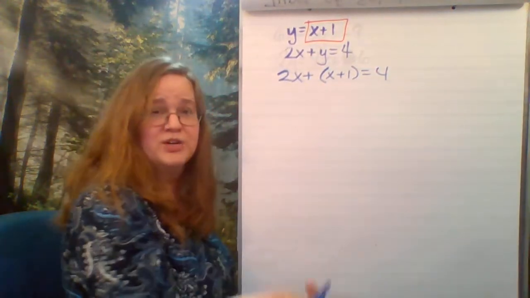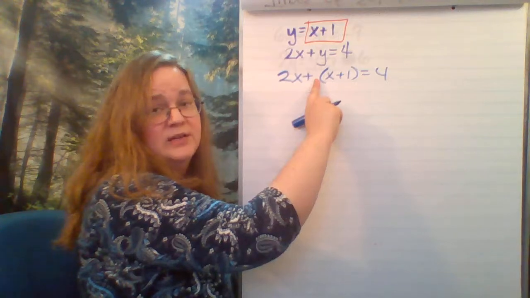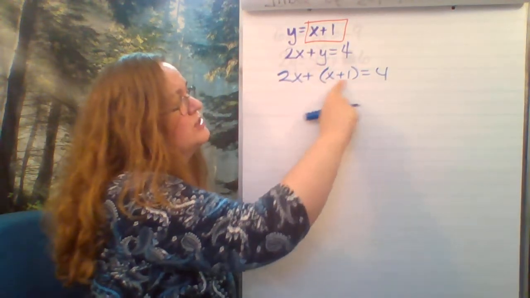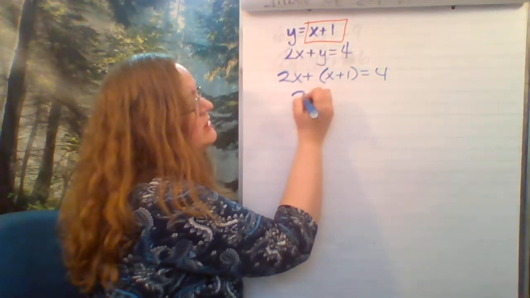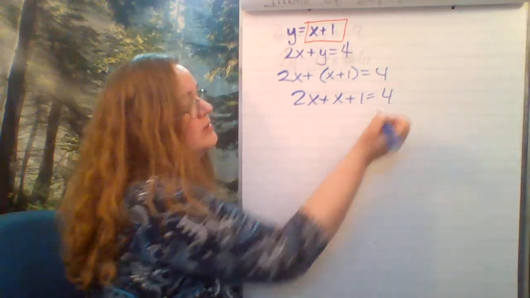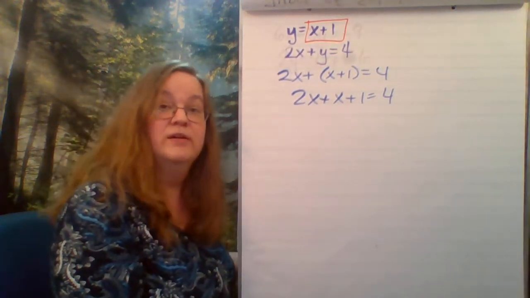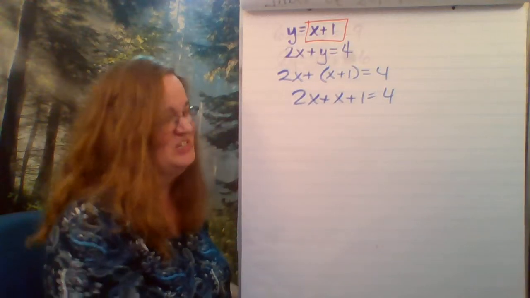If I look, do I actually have to distribute anything? Well, no, it's a plus sign, and y didn't have a coefficient other than 1, so 1 times x is x, and 1 times 1 is 1. So really, I've just got 2x plus 1 equals 4. So I didn't really need the parentheses that time, but you often do. So always substitute into parentheses, and you'll make fewer mistakes.